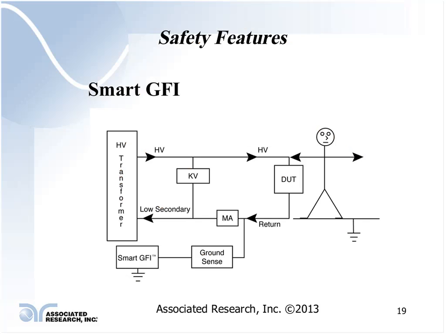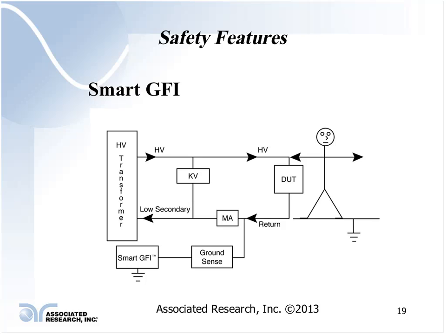So with a standard household GFI, if you see somewhere around 5 milliamps of leakage current flowing through that circuit, it will shut off that breaker that could be supplying anywhere up to maybe 15, 20 amps of current to the device the product is operating.